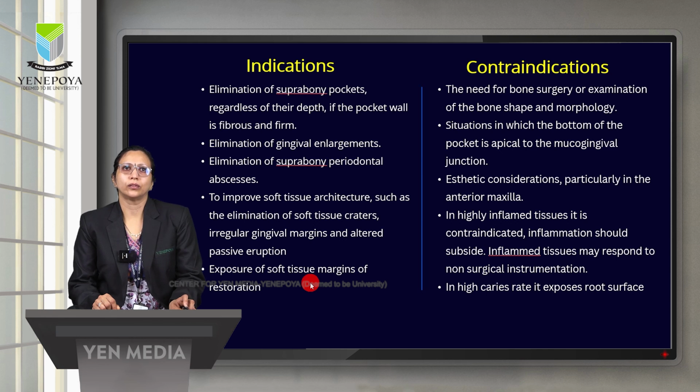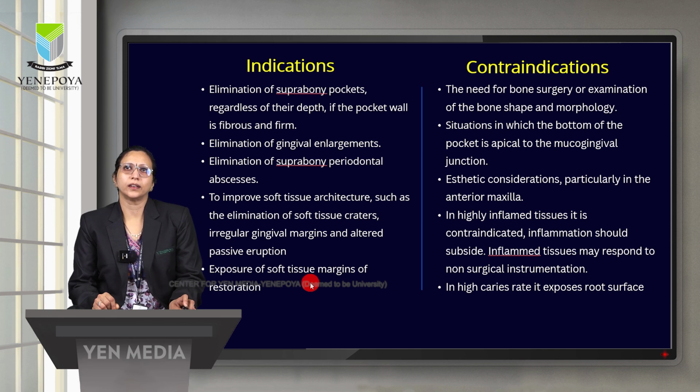Also, to improve the soft tissue architecture, such as elimination of soft tissue craters, irregular gingival margins and altered passive eruption. And exposure of the soft tissue margins of the restoration in case we need to access the subgingival areas so that the restorations can be done comfortably without any overhanging margins.